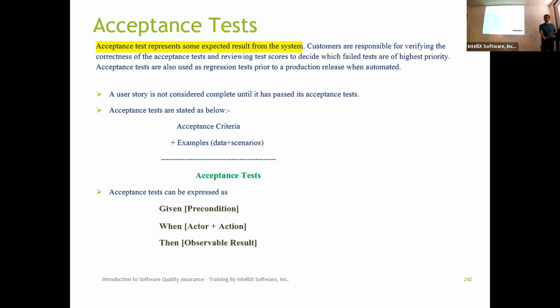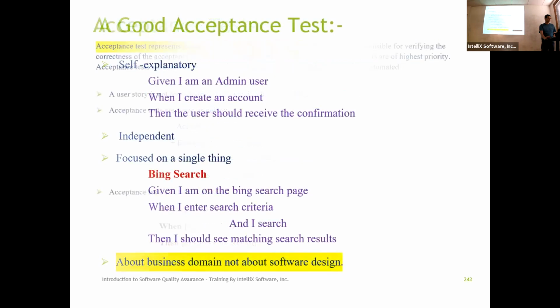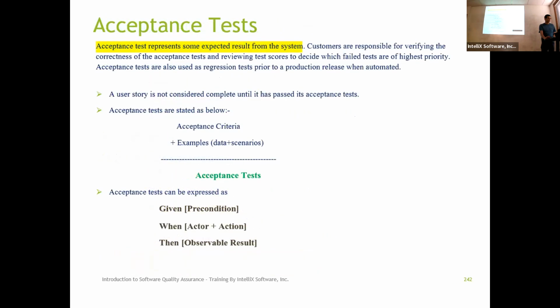Any question on acceptance tests? Okay, let's see some examples. In the case of the loan calculator, you might provide some test data just to make sure whatever you understood as part of the acceptance test or acceptance criteria is right. The loan calculator says I need to be able to calculate loan payment based on certain things.